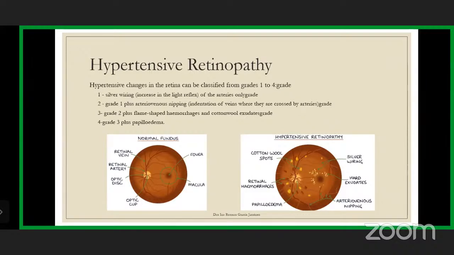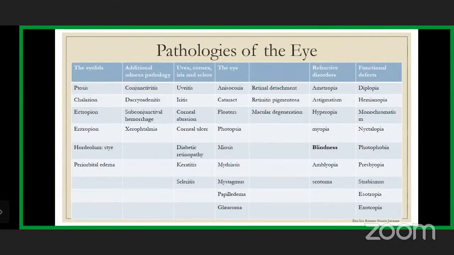You can see these details are just for taking into account the way of expression, for example, cotton-wool exudates, okay? And now in this drawing, we have a graphic showing us the same description.